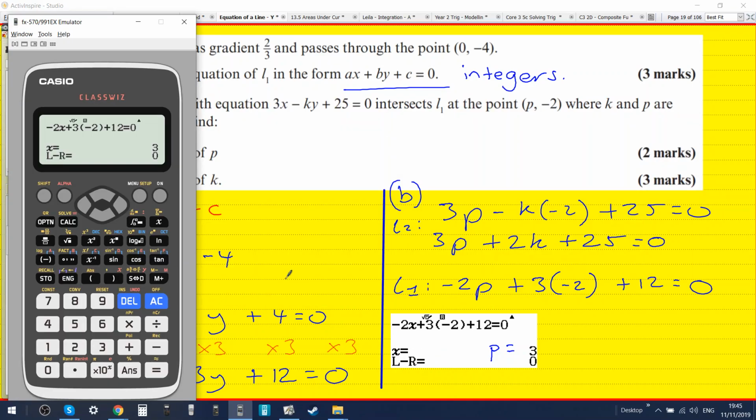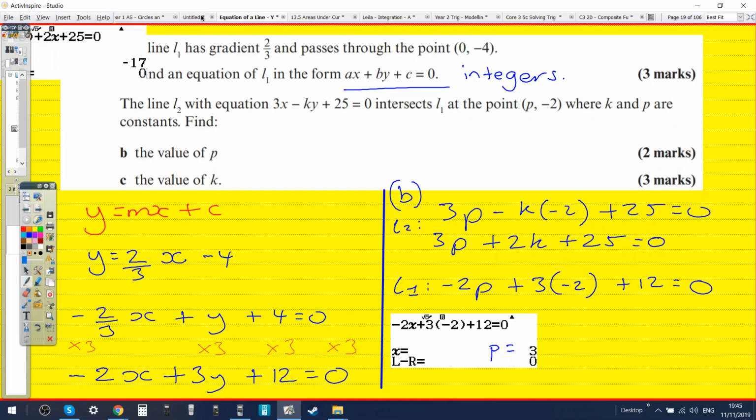Yep. Is K equal to minus 17? That's it. And are you using a calculator or solving it manually? No, I solved that. I didn't use the calculator.